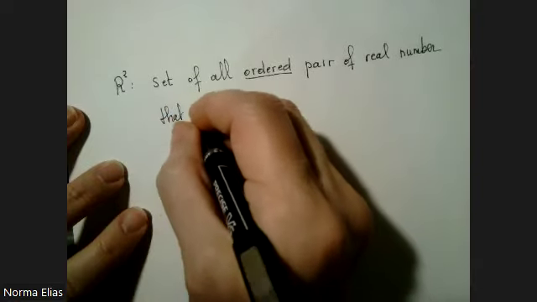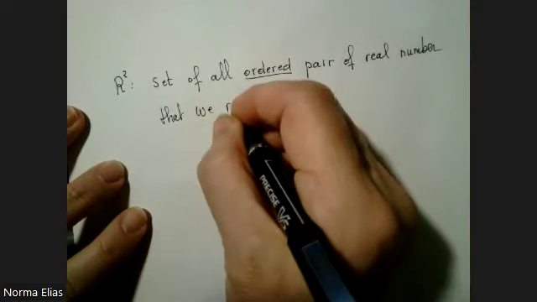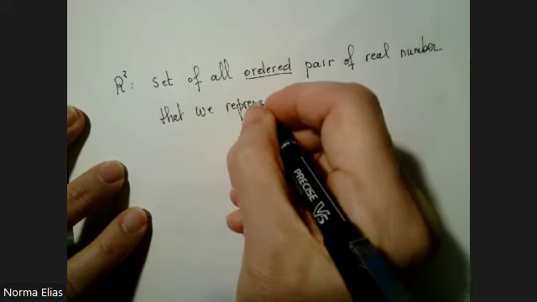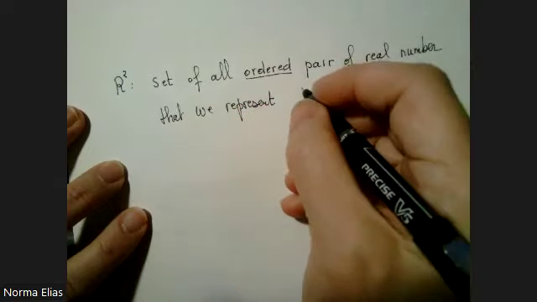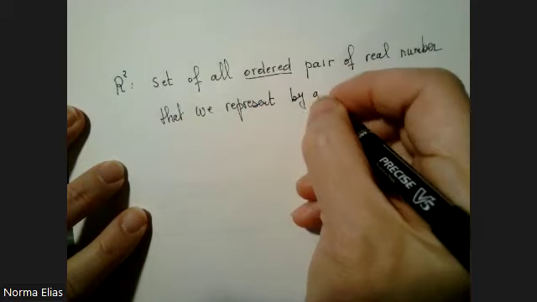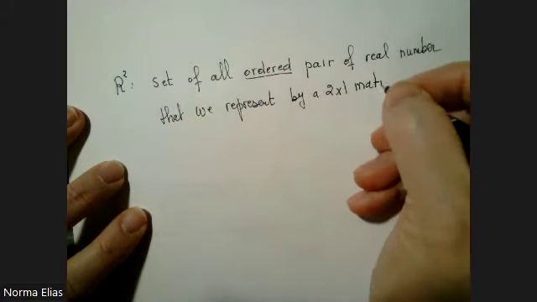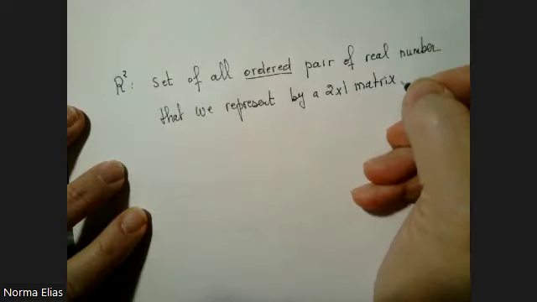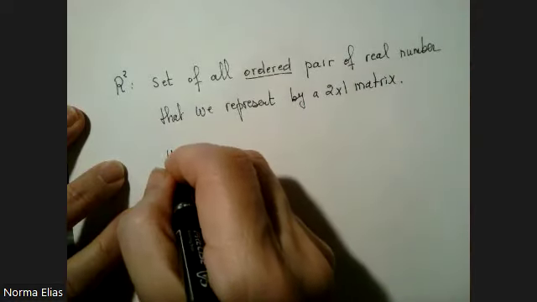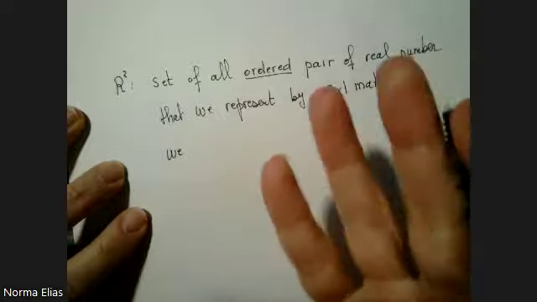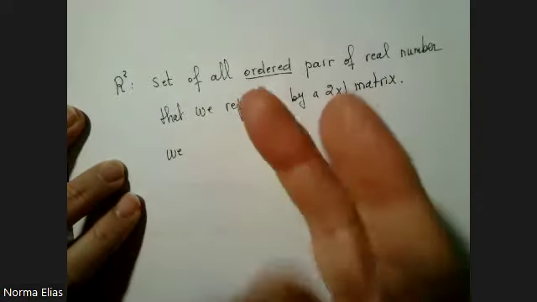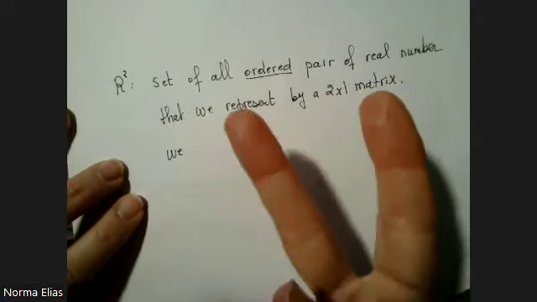We have a way to represent those: we represent them by a 2-by-1 matrix. So it's a collection of ordered pairs. Everything in R2 consists of two things, an ordered pair of numbers.